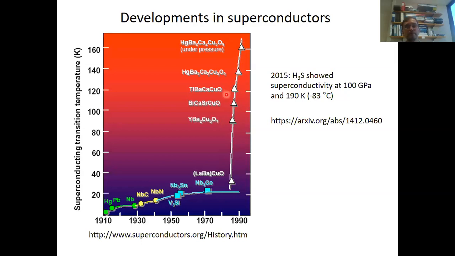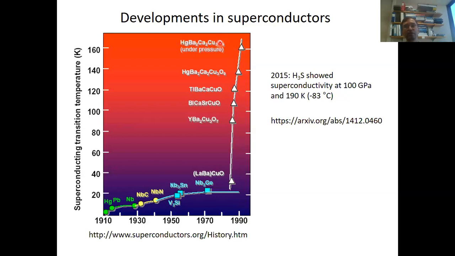You see that very quickly it was possible to go from 77 to about 100, to about 140, and even 160 Kelvin. But that was all achieved in the early 1990s. Since then, the field has not really yielded any better materials.